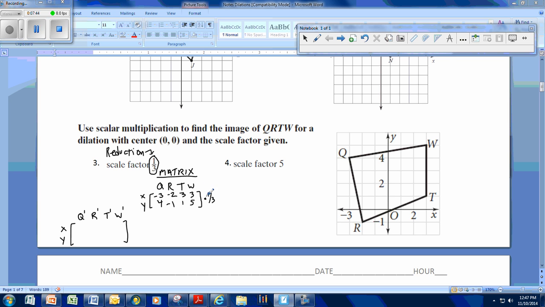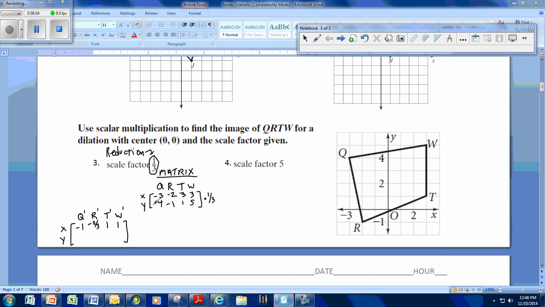So -3 divided by 3, that's -1. I'm going to go right across the top. -2 divided by 3 is -2/3. 3 divided by 3 is +1. 3 divided by 3 is +1. Those are all my x coordinates.